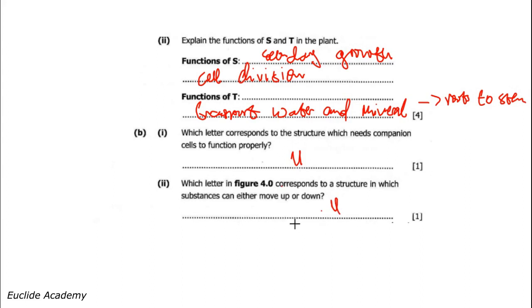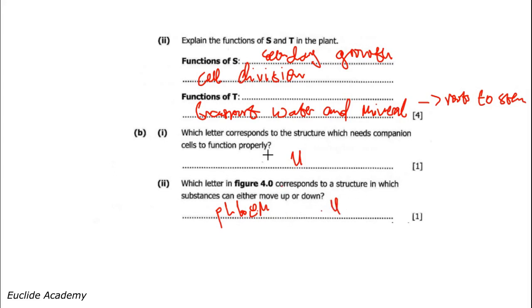But through the phloem, once the food has been manufactured, it has to be transported around the plant, to the stem, to the leaves, and back to the roots. So phloem carries that out. Here I'll also go for U, which corresponds to the phloem.